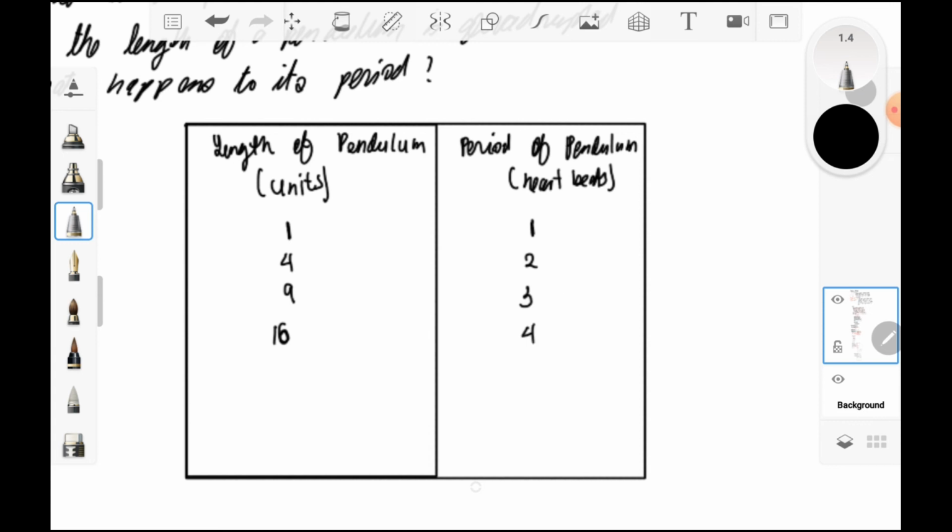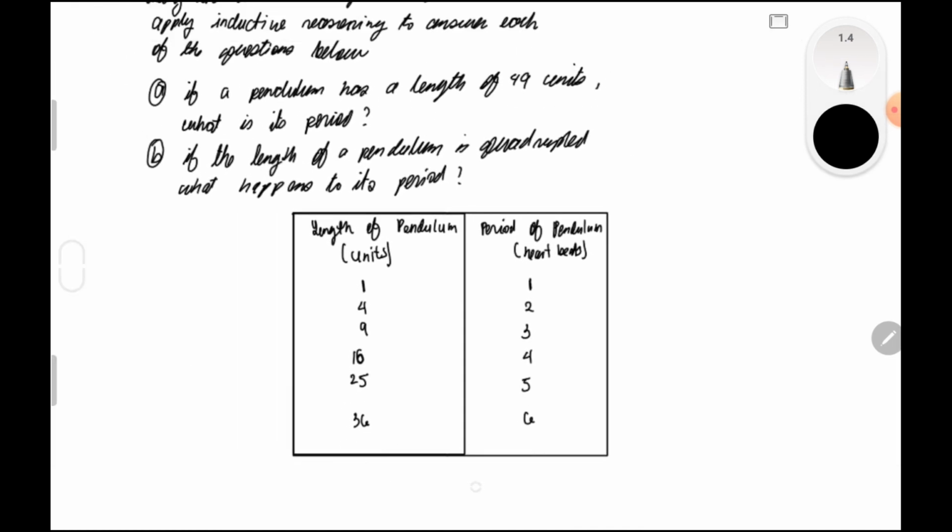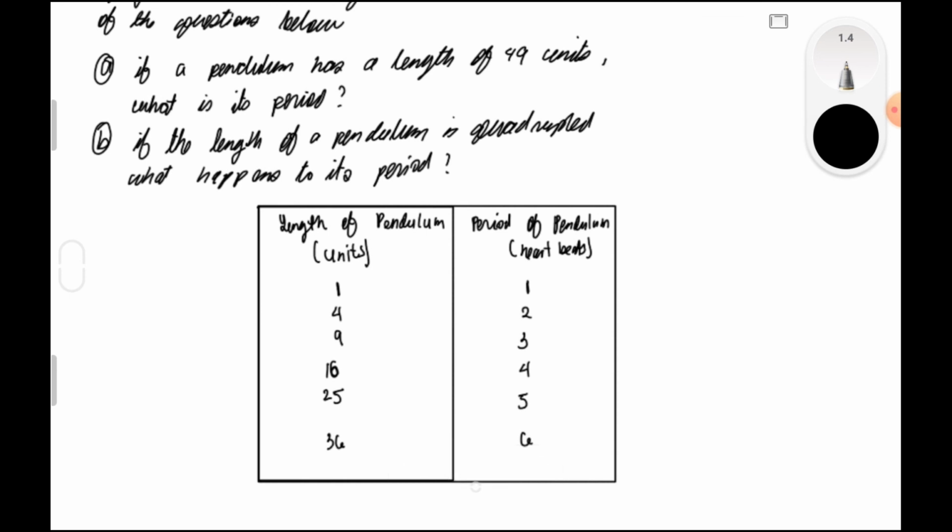At 25 units of length, we will have 5 heartbeats. At 36 units of length, we will have 6 heartbeats. So the first question is that if a pendulum has a length of 49 units, what is its period? Okay.